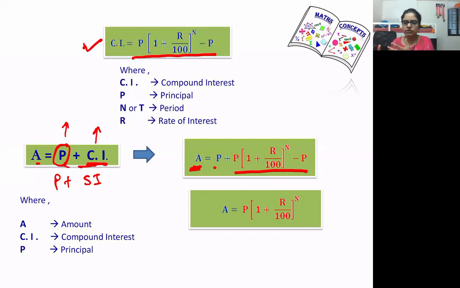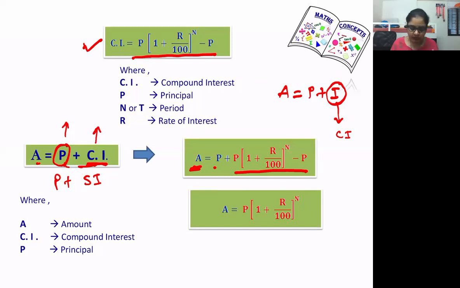If the lender would have put the condition that I want compound interest only, then the borrower would have had to give principal plus compound interest. It's basically amount is always equal to principal plus interest. Which interest to take depends on the condition by the lender. If the lender says compound interest, then it will be P plus CI. If the lender says simple interest, it will be P plus SI. Now understood?